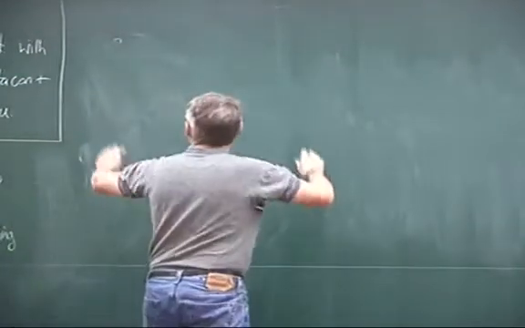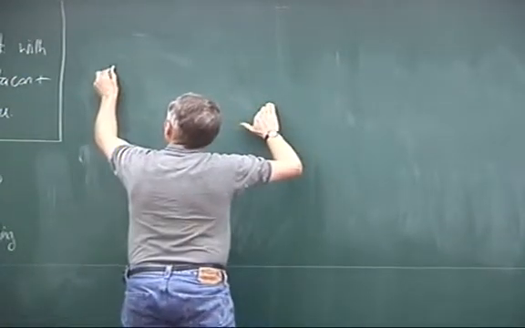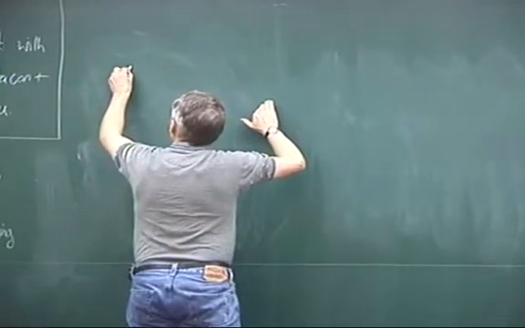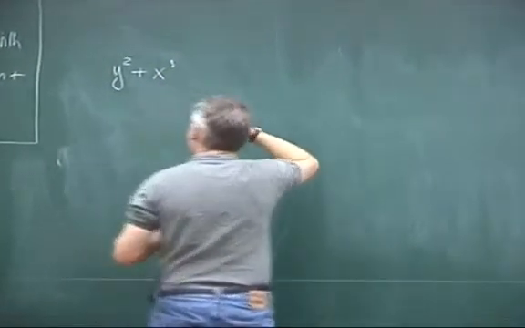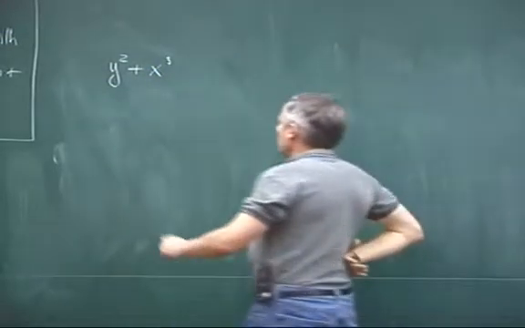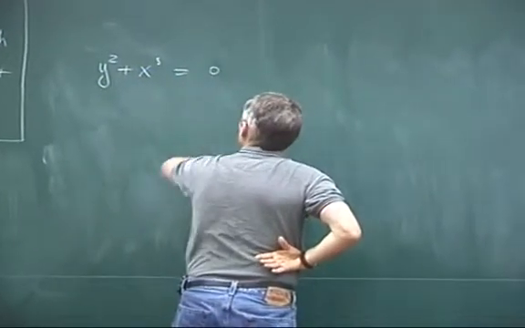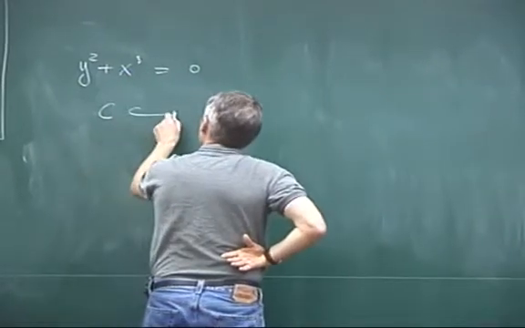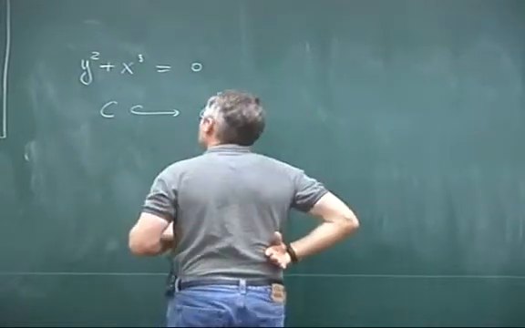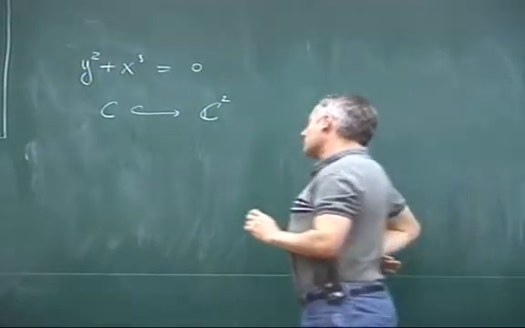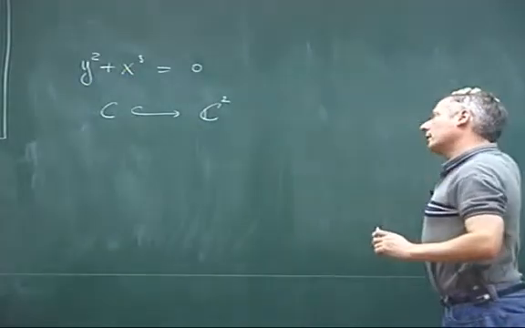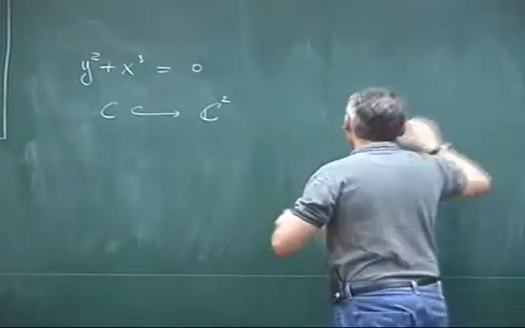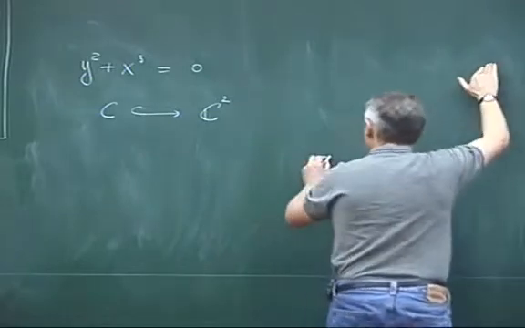Okay, so let me go back to the integration problem. So we had the function y squared plus x cubed, and I want to know what is this integrable. So the trick is to actually think about the curve, call this C, sitting inside C2 with coordinates x and y. It's a curve with a cusp, and instead of doing the integral on C2, let's do the integral on the blow up, which resolves C. So of course we all know what to do.